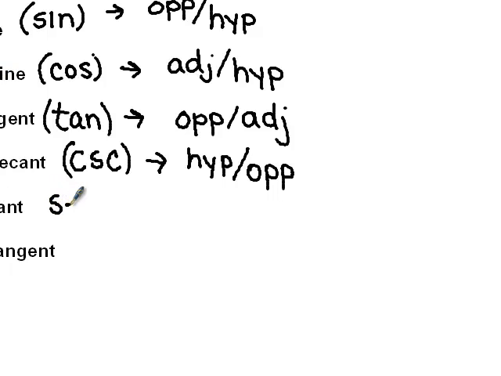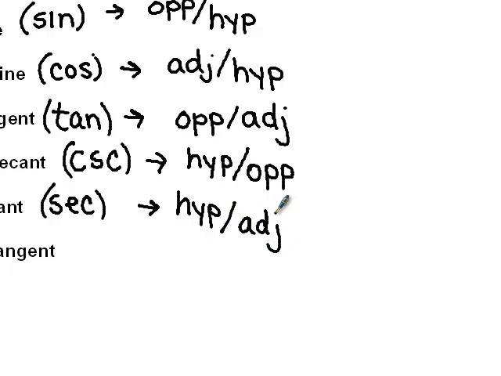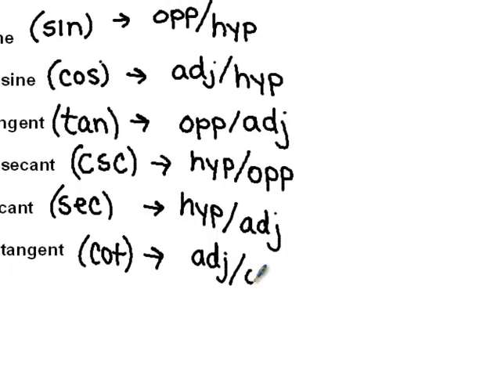So first we're going to abbreviate this, and it's going to be hypotenuse over adjacent. Cotangent is the opposite of tangent, and again that is also the reverse of it. So it's going to be adjacent over opposite.